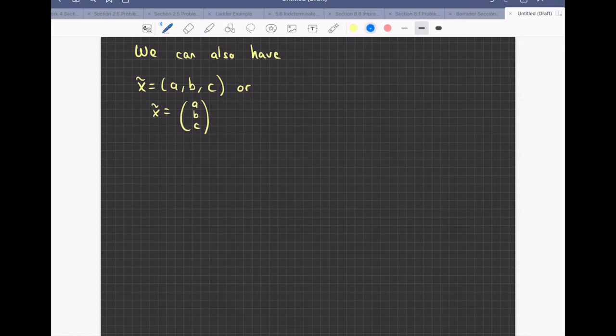In this case, if we try to interpret this geometrically, then the vector can be represented in the three-dimensional space. I can say this is the initial point in three dimensions, and this is the vector with the elements A, B, C.